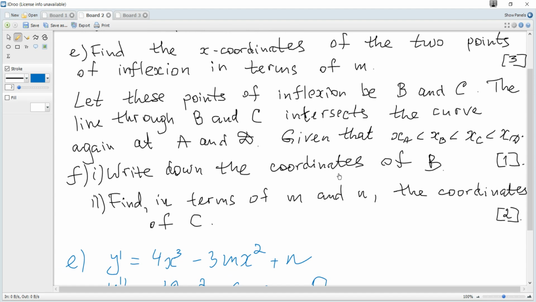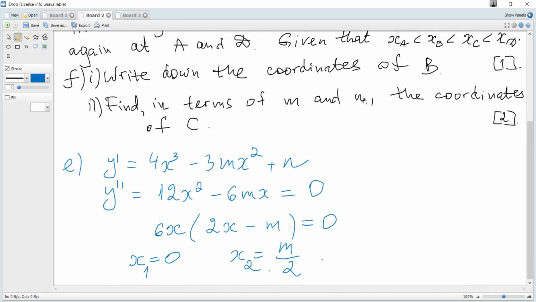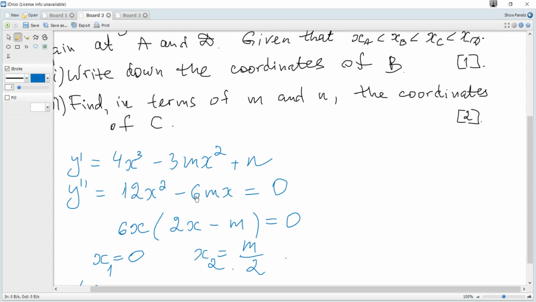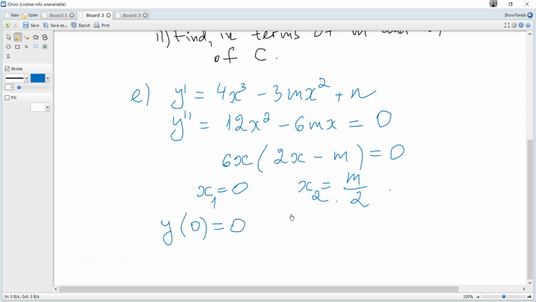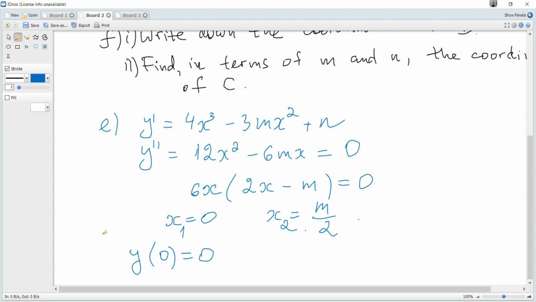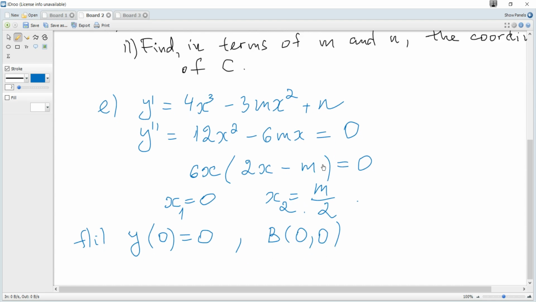Write down the coordinates of B. Definitely its point to the left is 0, so y of 0 is 0, hence coordinates of B become 0 and 0.